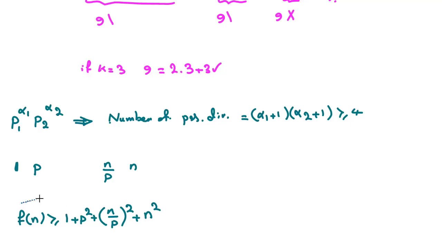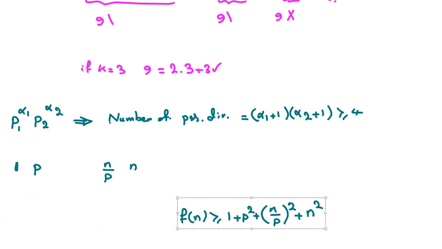And we know that f of n equals g of n. Why do I say at least? Because maybe we have some other divisors, but we have at least 4 divisors because of this. So when we consider the prime minimum divisor, n over p is the maximum divisor after n. And they are different, because if p equals n over p, then we have 3 divisors.